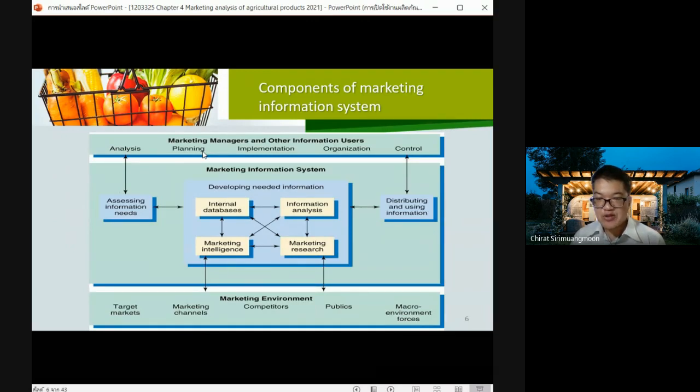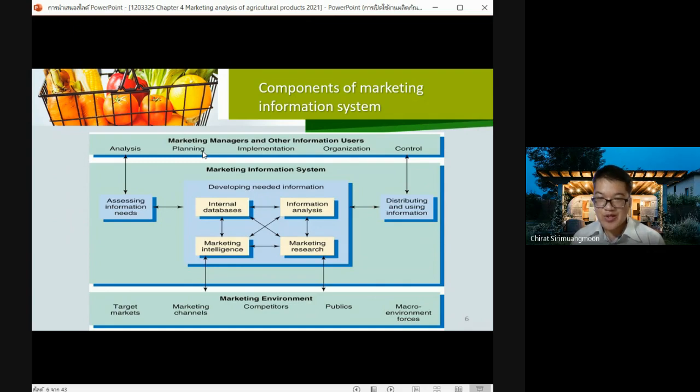So you can see three parts. The first part is actually the core, one of the two major components of MIS, which is the human. The human resource for MIS is the person who is going to do the processes of analysis, planning, implementation, organization, and control.